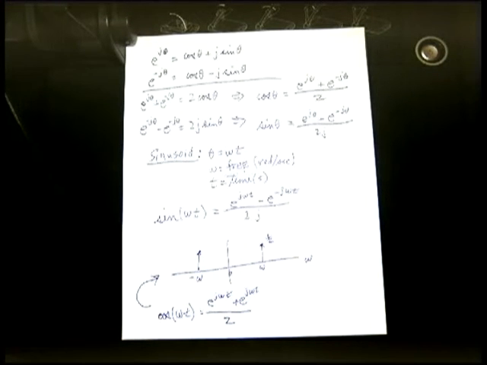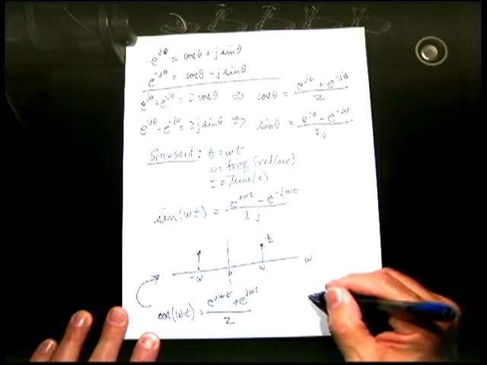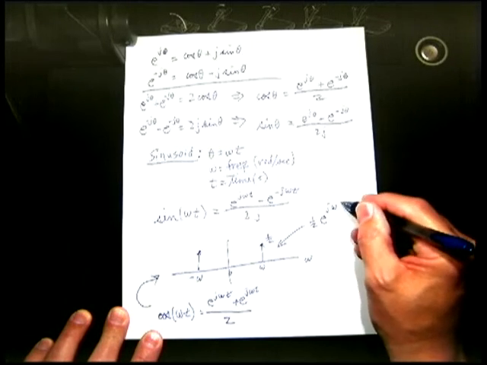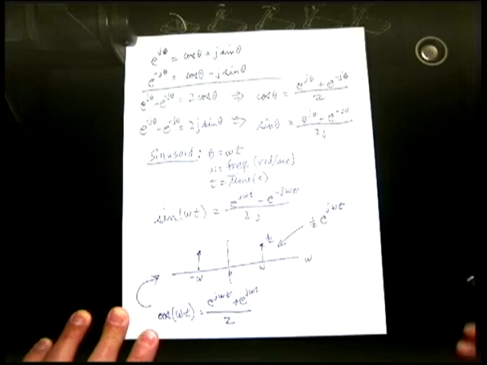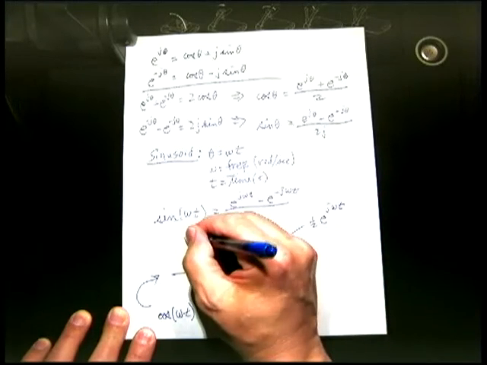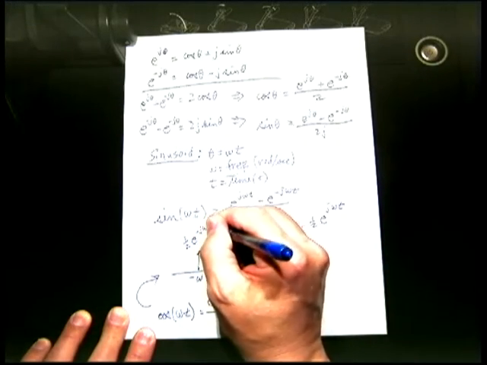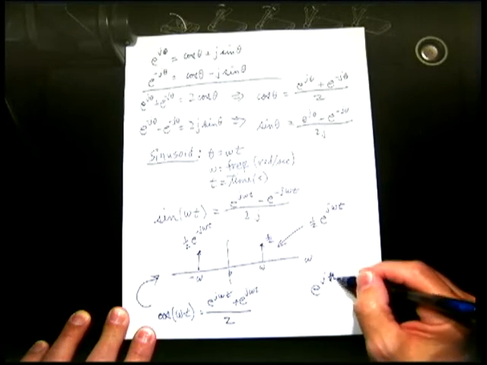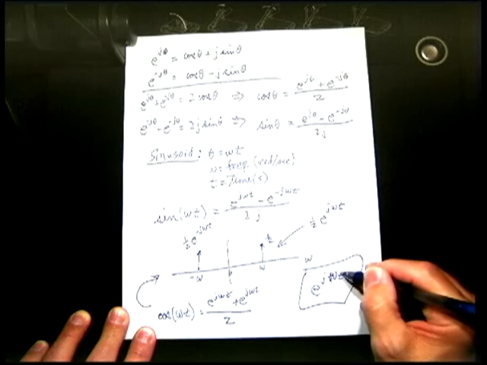So this is how a real sinusoid gives you two components. What's really fundamental is not cosine omega t, it's e to the j omega t. e to the j omega t is the simplest sinusoid.